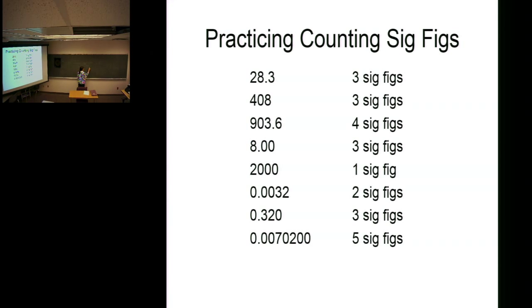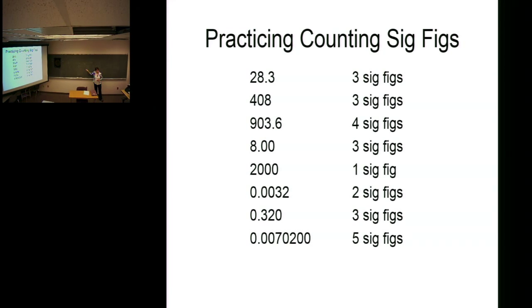So what's the least number? 2. So my answer needs to have how many sig figs? 2. Okay, but when you put this in your calculator, you're going to get like 32.43492. I can't have that number because that's a really accurate number. But it's not, because I didn't have that much accuracy.